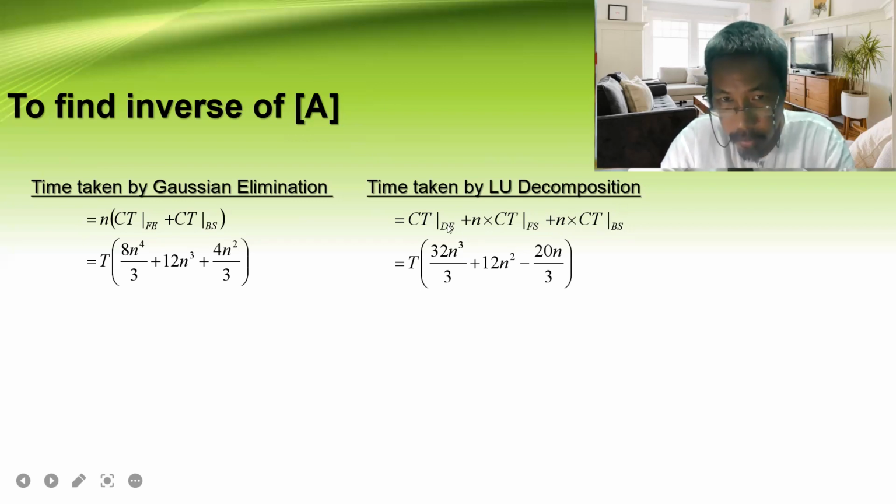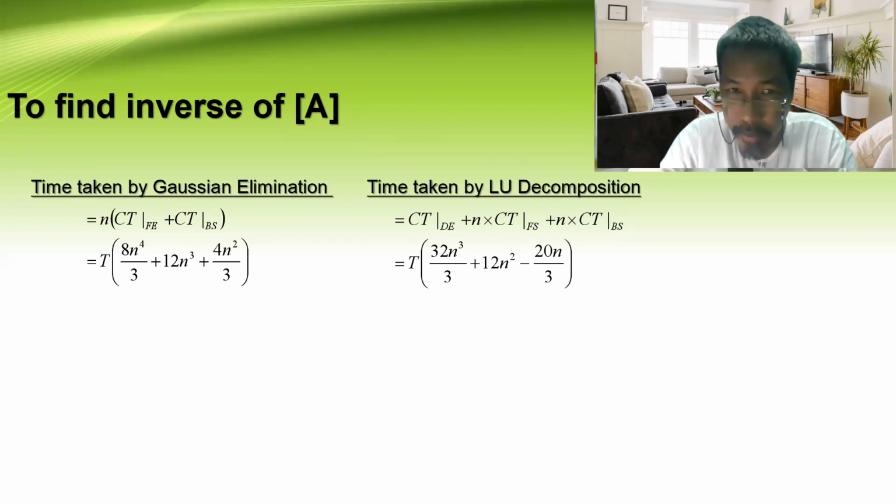So after doing this, you will notice we have the following time, and you can immediately compare which one is better if we are talking about finding the inverse of the square matrix A, which is n by n in size. So this is n to the fourth power. This is n cubed.